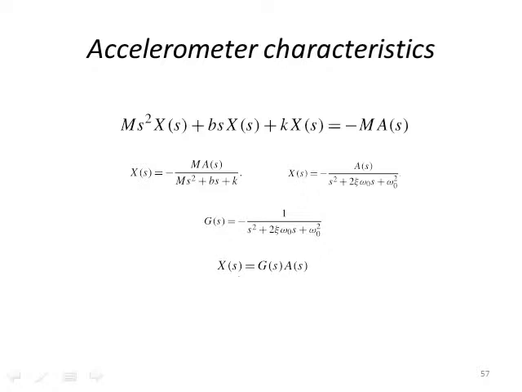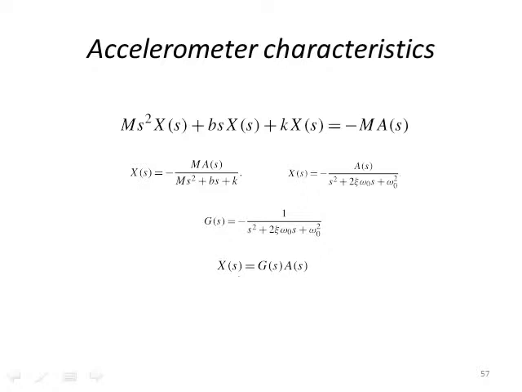The input is the acceleration. And so how we design our transfer function system will dictate how the output will respond based on the input, a sub s. So this G(s) is equal to negative 1 over s squared plus 2 eta omega naught s plus omega naught squared.